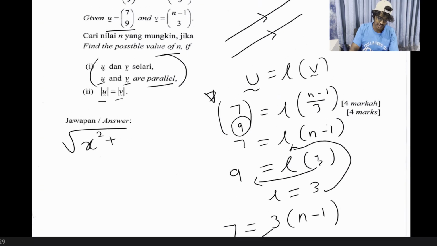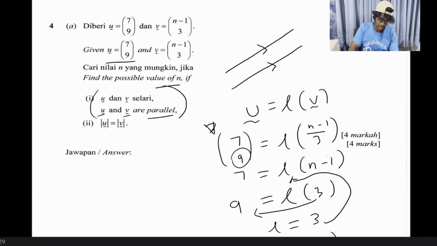So what they are saying is, if we put the vector of u into the magnitude formula, it will be equivalent to v's vector magnitude.